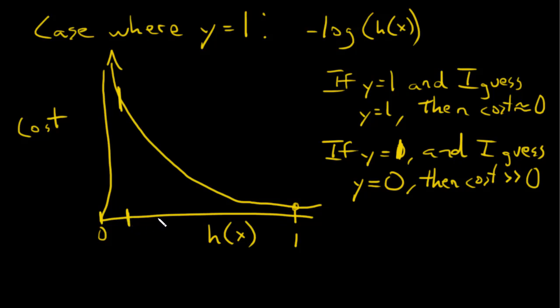So what this does is it rewards guesses that are close to the actual y value, and it severely punishes an incorrect guess. So that is what we're going to be using for our cost function in the case where y equals 1. Okay, so let's clear the board and do the next piece.